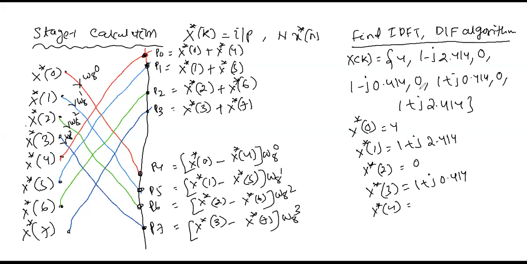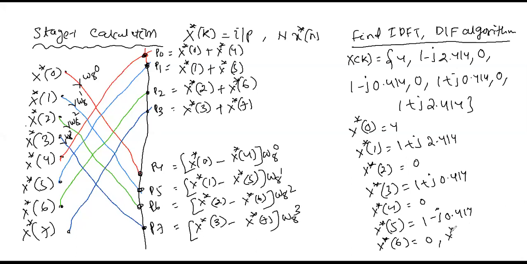X conjugate 4, again it's 0, no change. X conjugate 5, see 1 plus j becomes 1 minus j 0.414. X conjugate 6, again it's 0, no change.